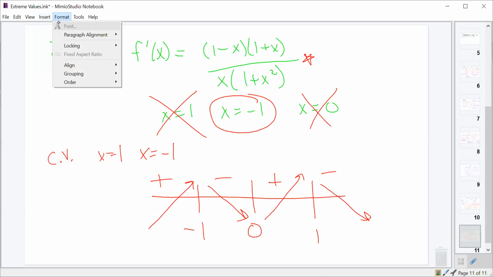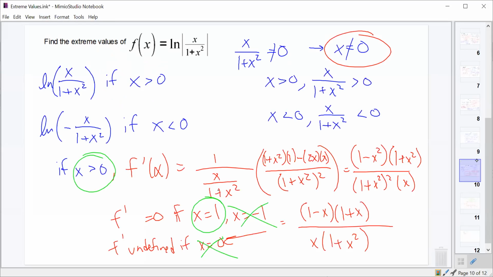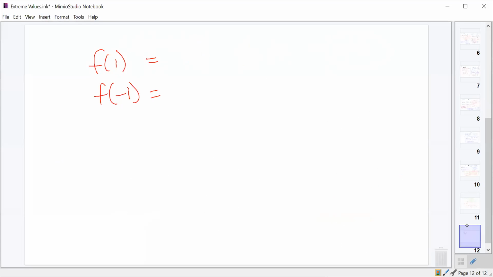And we should really quickly be able to go in and figure out what those values are. F of 1 and f of negative 1. You plug in 1 to this, you get 1 over 2, right? Half. And if you plug negative 1 in, you get negative 1 over 2, or negative a half. And then when you take the absolute value, it's still just a half. So we get natural log of a half and natural log of a half.